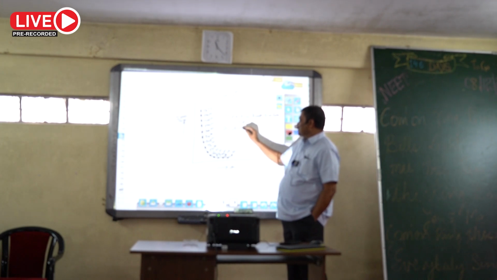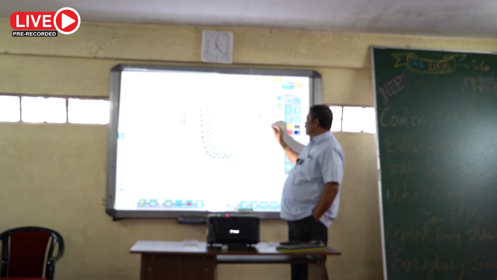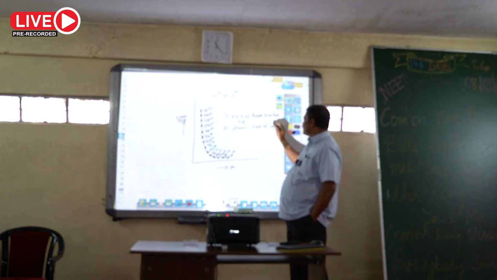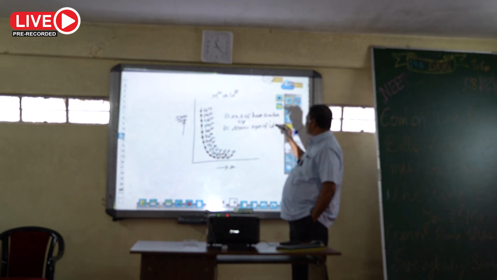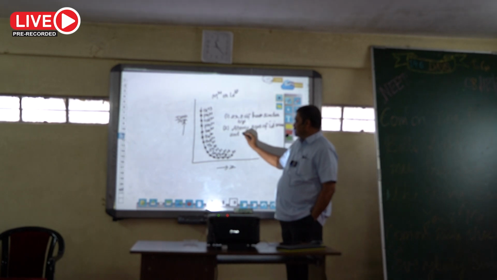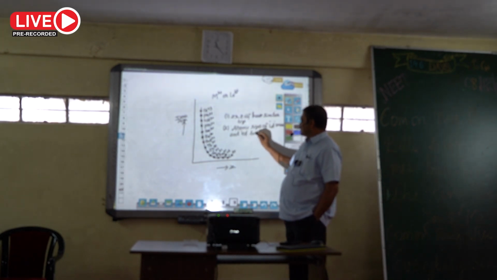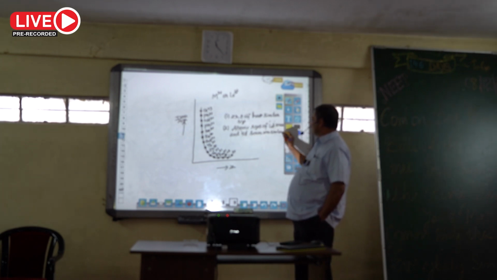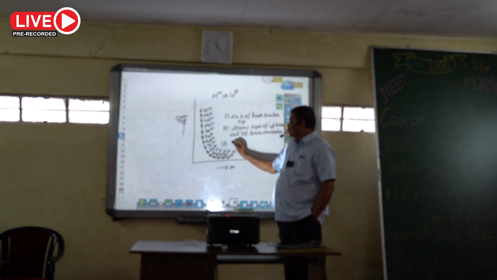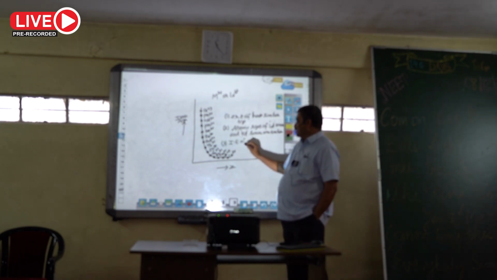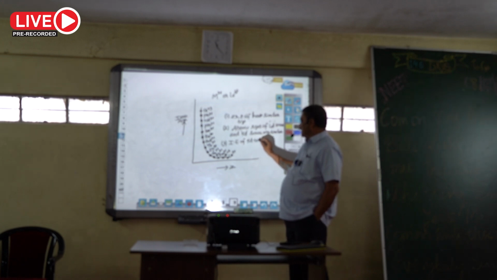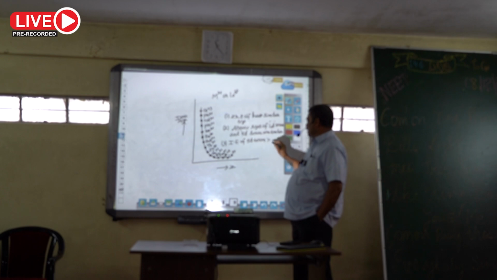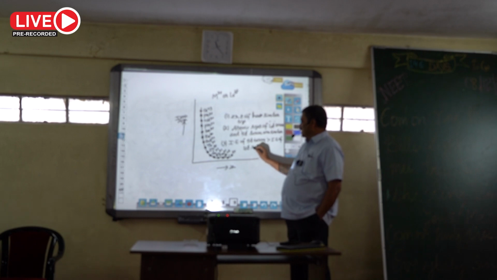Atomic sizes of the 4d series and 5d series are similar. Ionization energy of the 5d series is greater than the ionization energy of the 4d series.